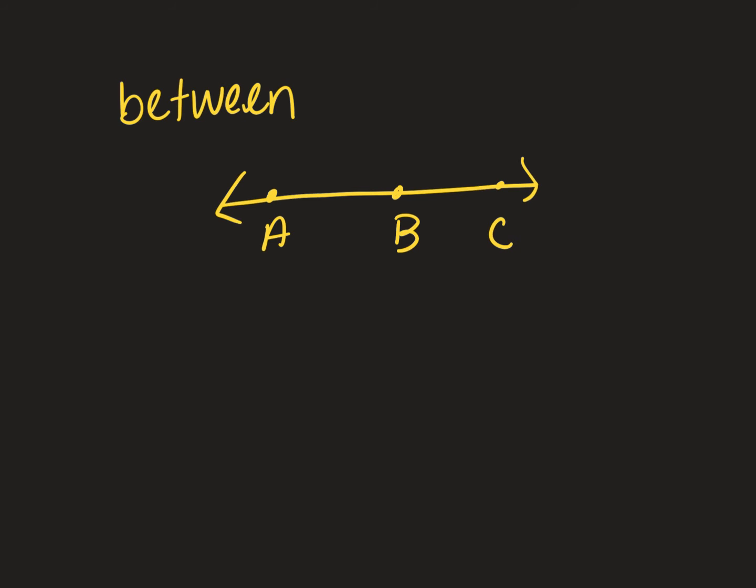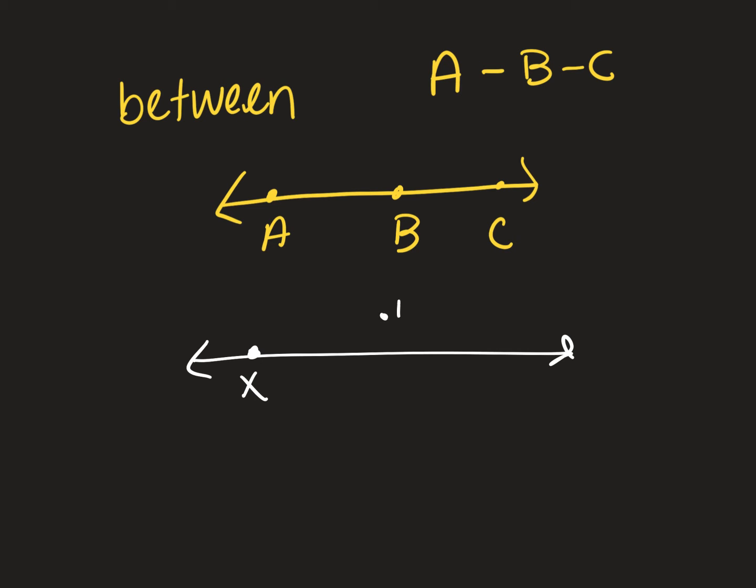Again, because they are collinear, they have to be on the same line. You'll see this in your book some. If you see something like A hyphen B hyphen C, that's our notation for between. That tells you that B is between A and C, and all three of those points are on the same line. Typically you think between is just somewhere in the middle, right? But say we have X, Y up here, Z. Y would not be between X and Z because it's not on the same line.